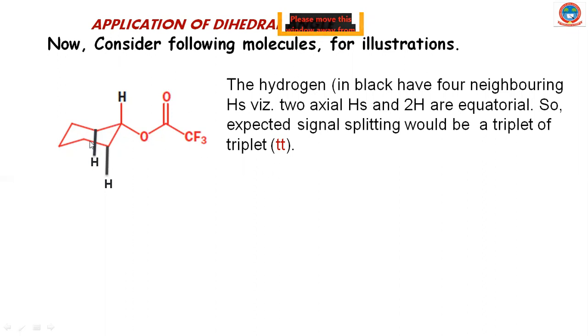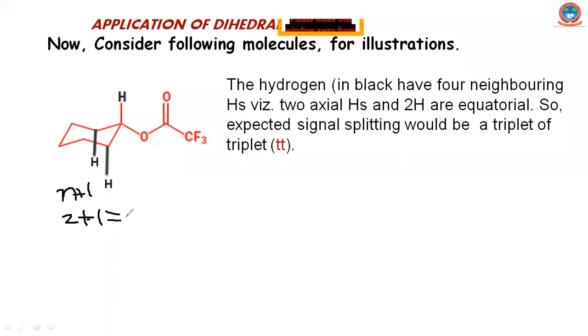Now this hydrogen will couple by the n plus 1 rule. How many n? Two, so 2 plus 1, three, a triplet.